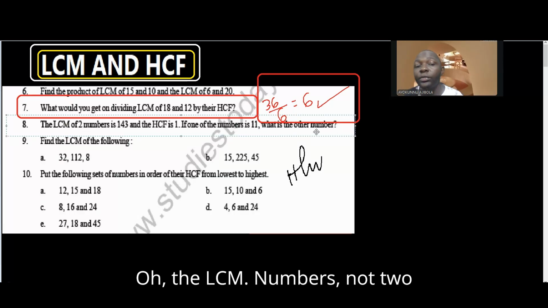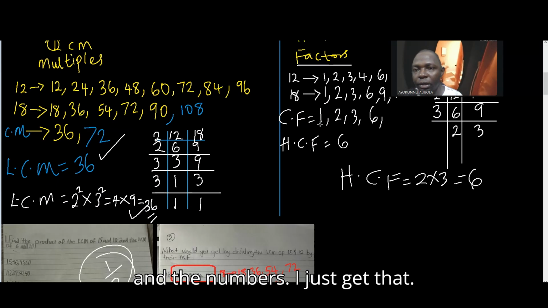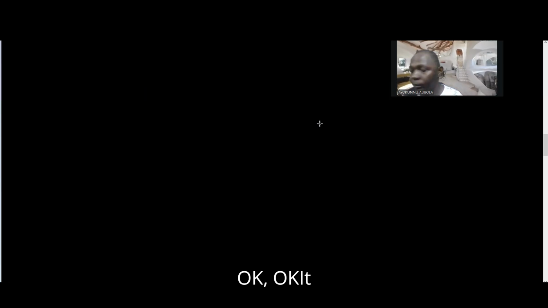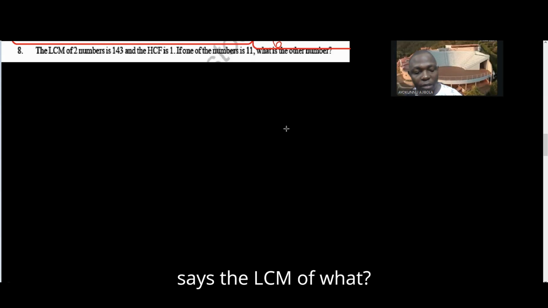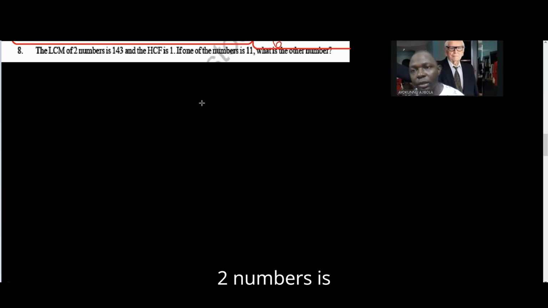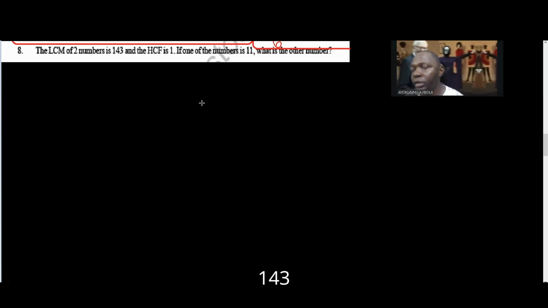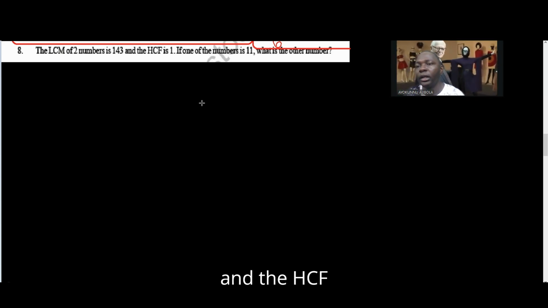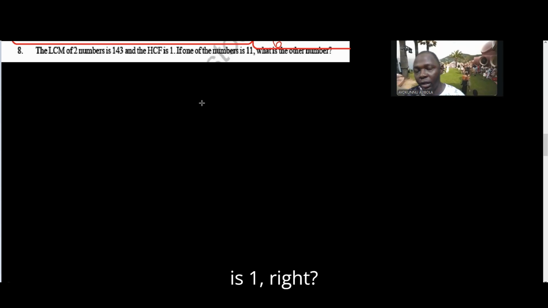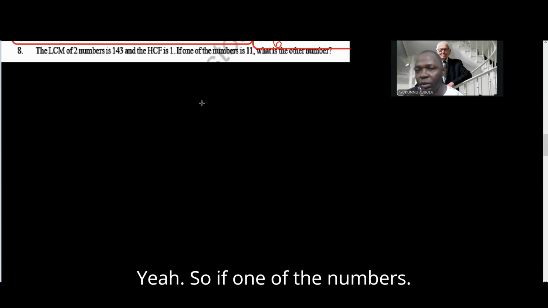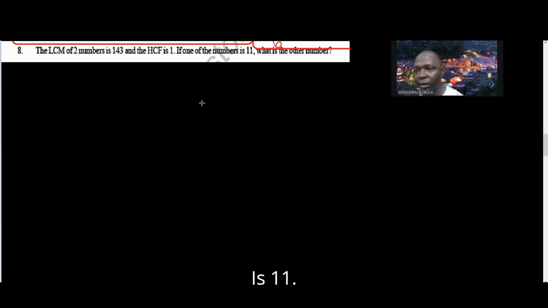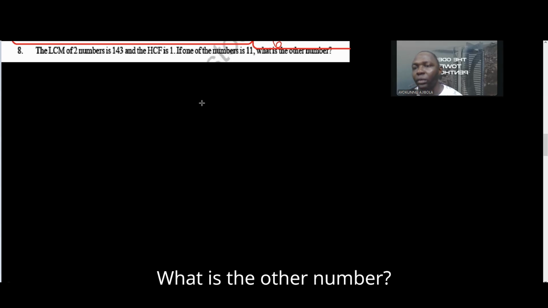It says the LCM of two numbers is 143, and the HCF is 1, right? So if one of the numbers is 11, what is the other number?